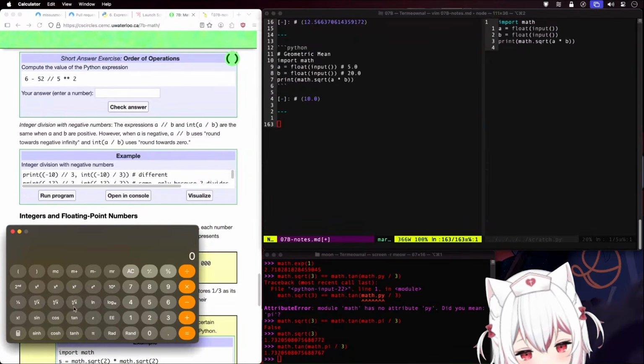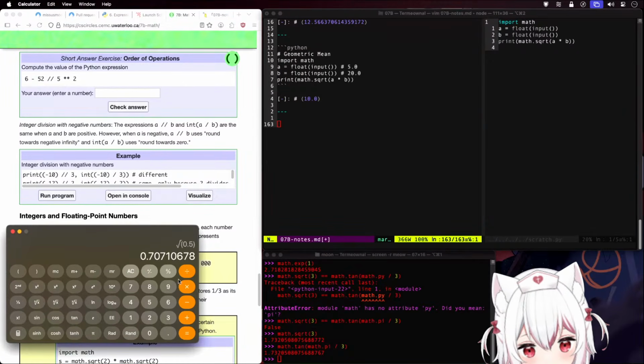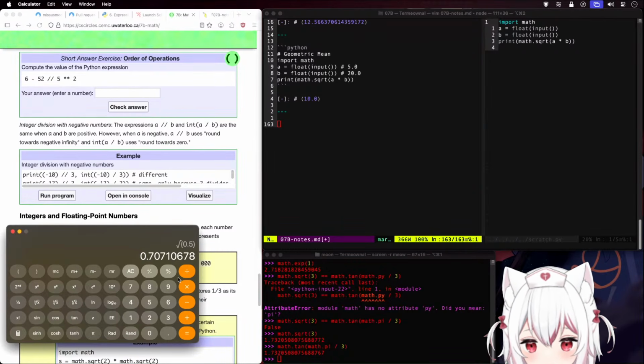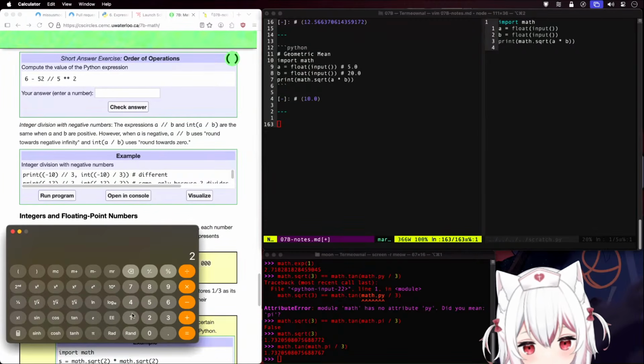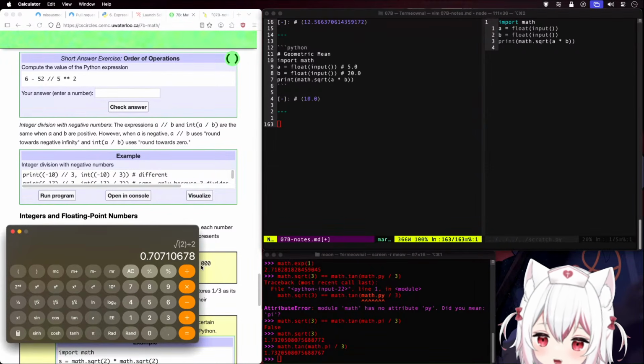Oh, just 1.5. The square root is 0.70710678. And then we have square root of 2 divided by 2, also 0.70710678. Oh, it's amazing. Wow.